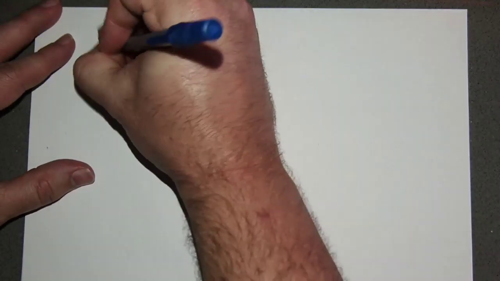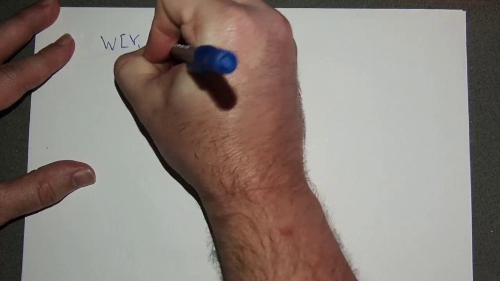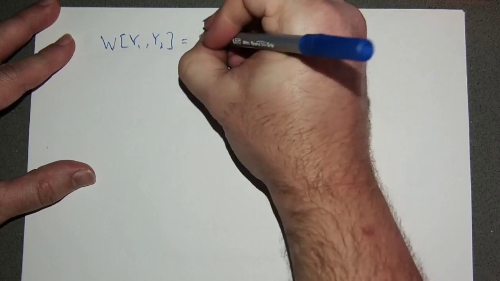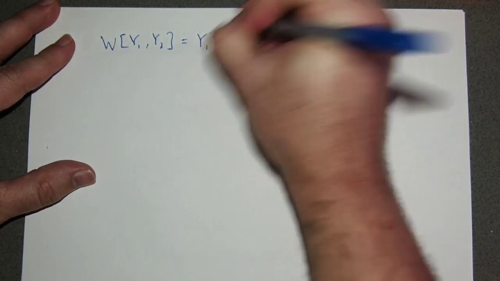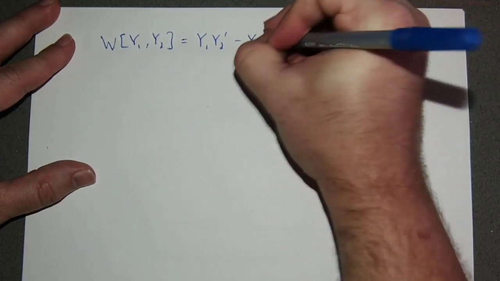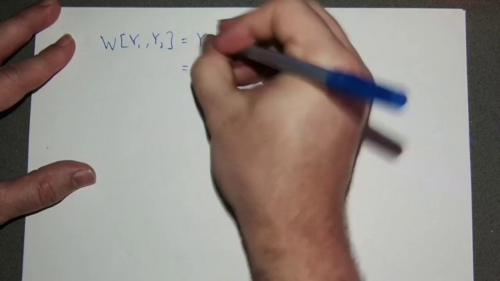So first, I compute the Wronskian of y sub 1, y sub 2. In general, of course, you know what this is: y sub 1 times y sub 2 prime minus y sub 1 prime times y sub 2.